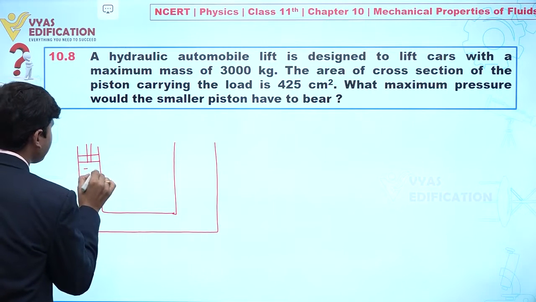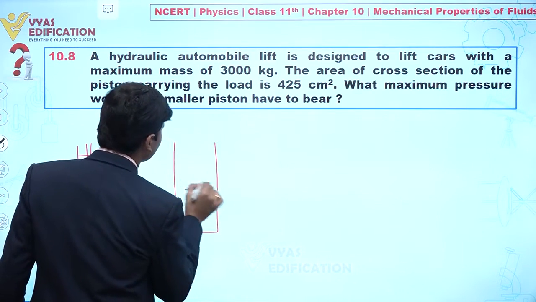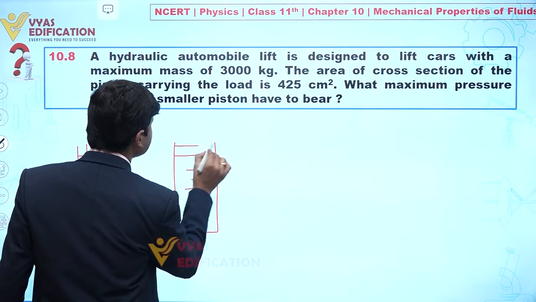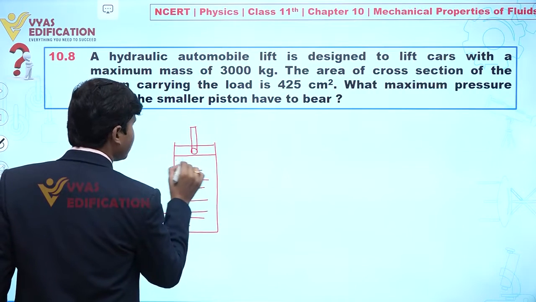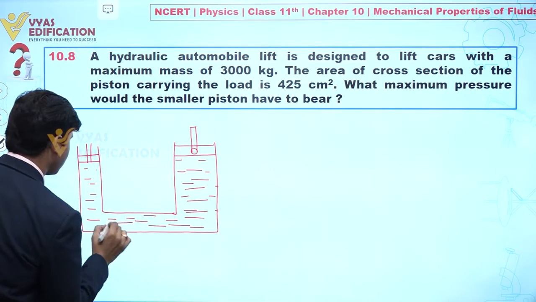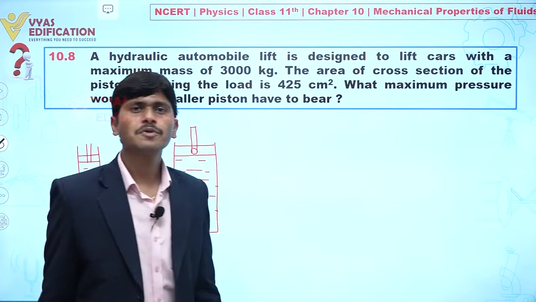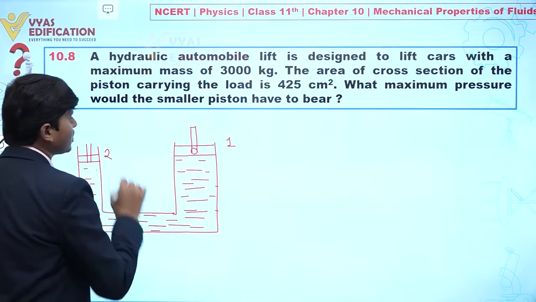And let's suppose here we have some connecting fluid. This is the connecting fluid. And we have a piston like this. So let's suppose I have two pistons. This is piston number 1, and this is piston number 2.